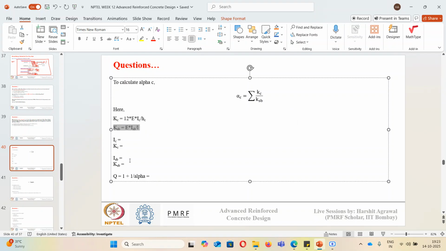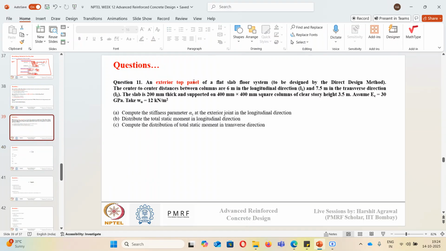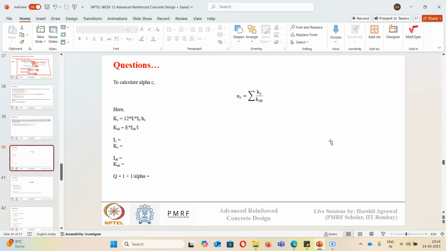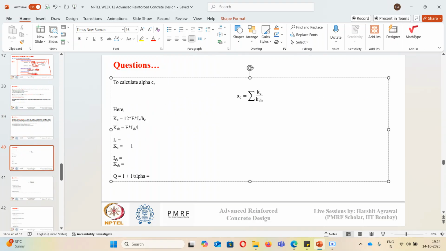Now, since it is an exterior column, summation Kc will be just one Kc. Why? Because we are talking about an exterior top panel, so there is a column below and no column above. And Ic we can calculate by bh cubed by 12, so it will be 0.4 into 0.4 cubed by 12.